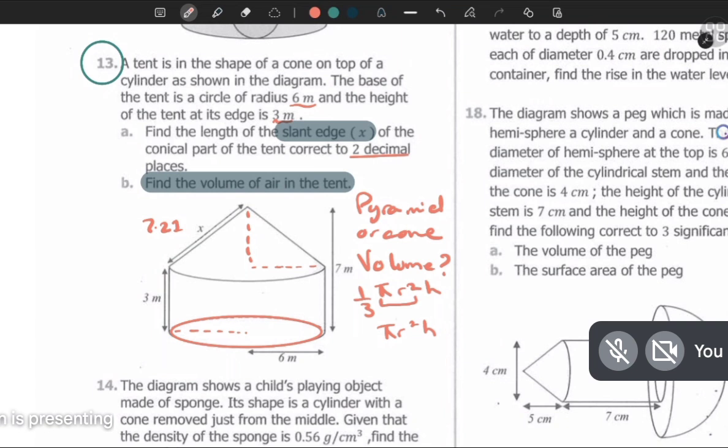Excuse me, sir. Are we going to add the volume of the cone and the volume of the cylinder? They will be added, right? Okay, sir.